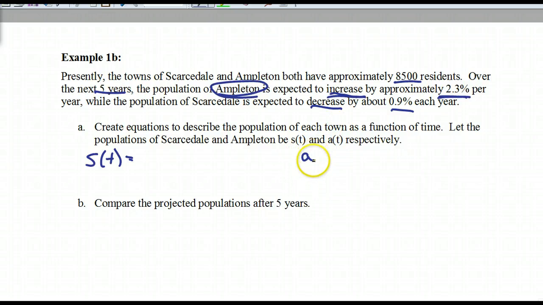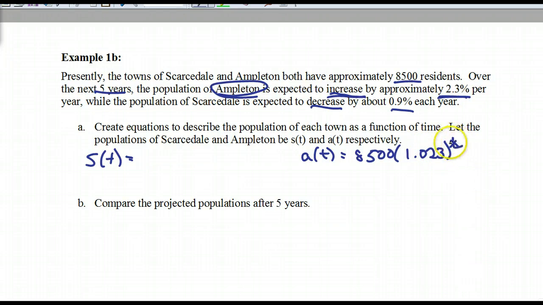Okay, so Ampleton, let's do Ampleton first. Sorry about that. It's going to be 8,500 times 1.023 to the t power, because we're using t's this time.